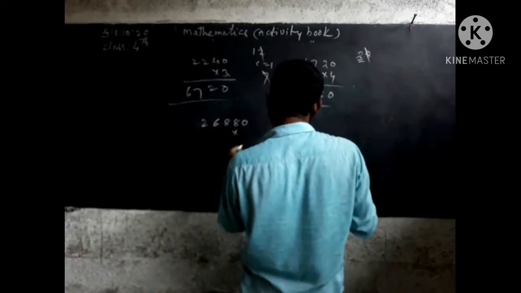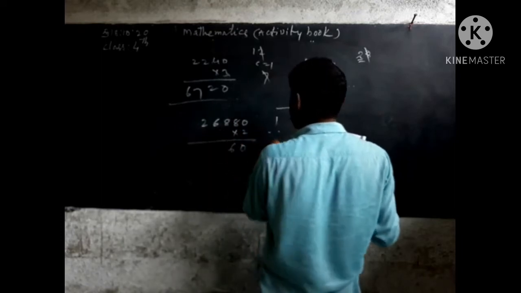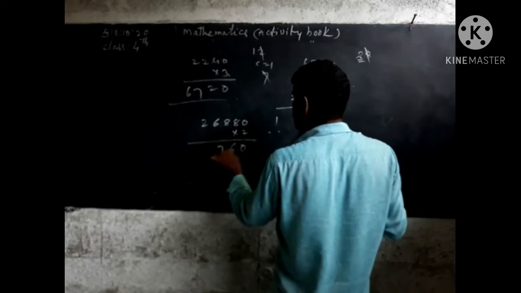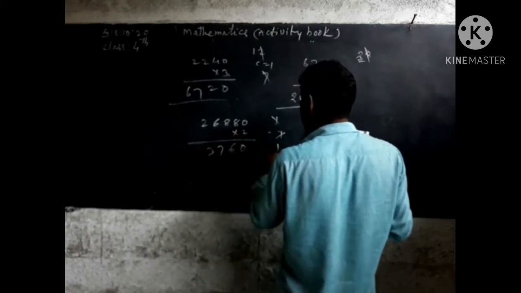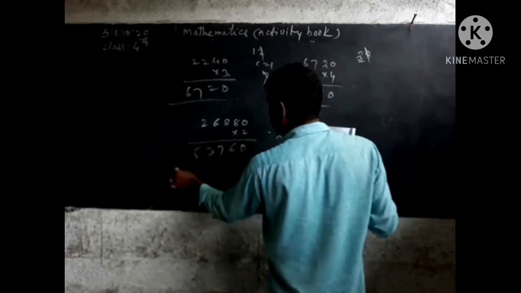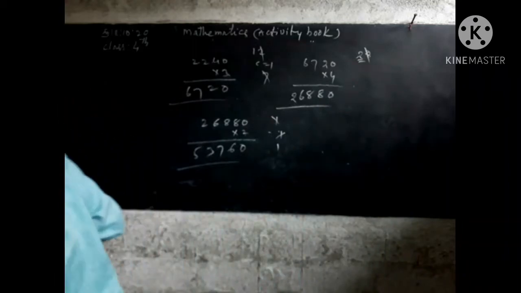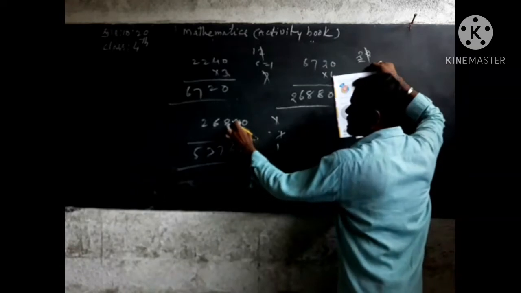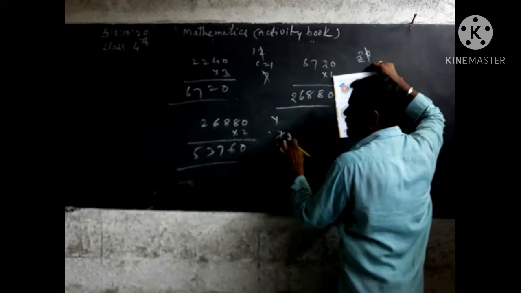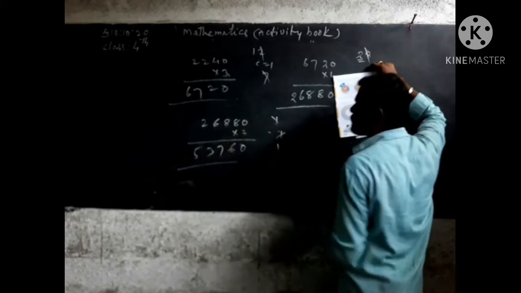26,880 into 2. 2 0s are 0, 2 8s are 16, 6 taking 1 carrying. 2 8s are 16, 16 plus 1, 17, 7 taking 1 carrying. 2 6s are 12, 12 plus 1, 13, 3 taking 1 carrying. 2 2s are 4 plus 1, 5.